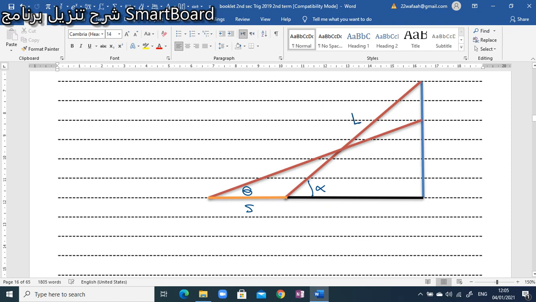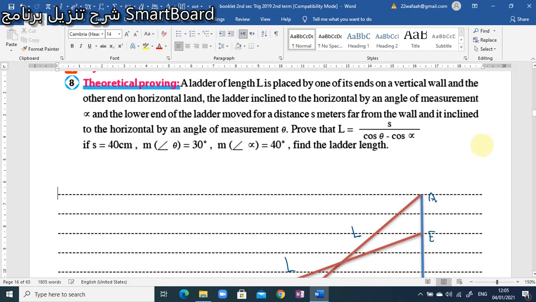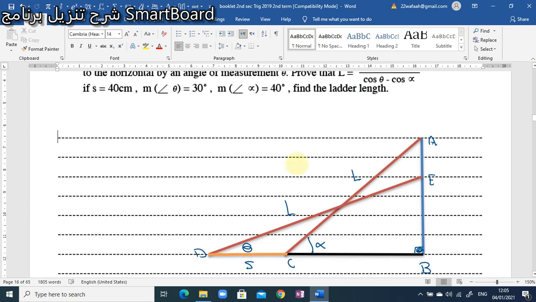So here L and here L, and this angle is 90 in all cases. So we'll call it A, B, C, and D. This is ABC, and the second EDB. In the two triangles, we need to prove that L equal S over cosine theta minus cosine alpha.